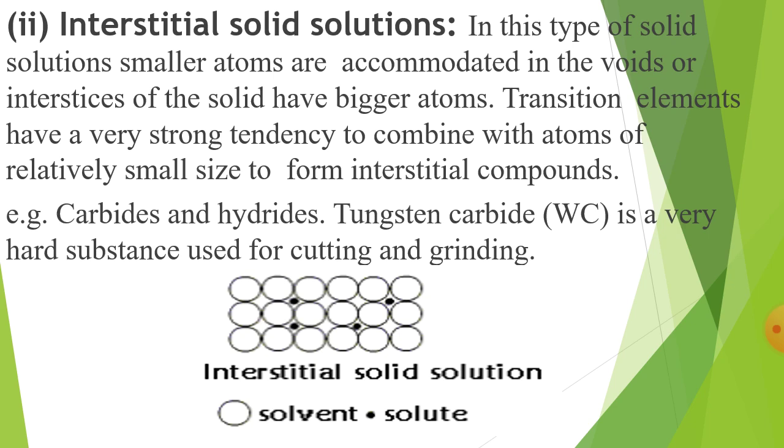Transition elements have a very strong tendency to combine with atoms of relatively small size to form interstitial compounds. Some examples are carbides and hydrides. One common example is tungsten carbide, WC, a very hard substance used for cutting and grinding.